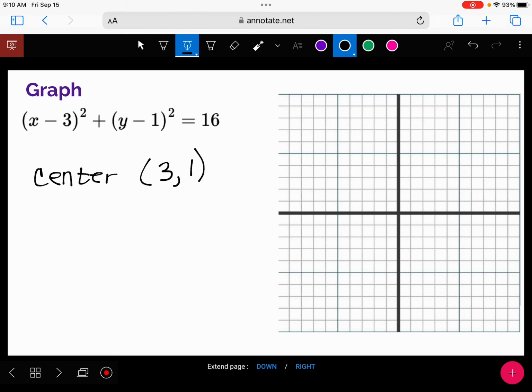X minus H, Y minus K. Catch the signs. What is our radius? 4. It's r squared on the end. We almost never will write it as 4 squared for you. You're going to have to know that.